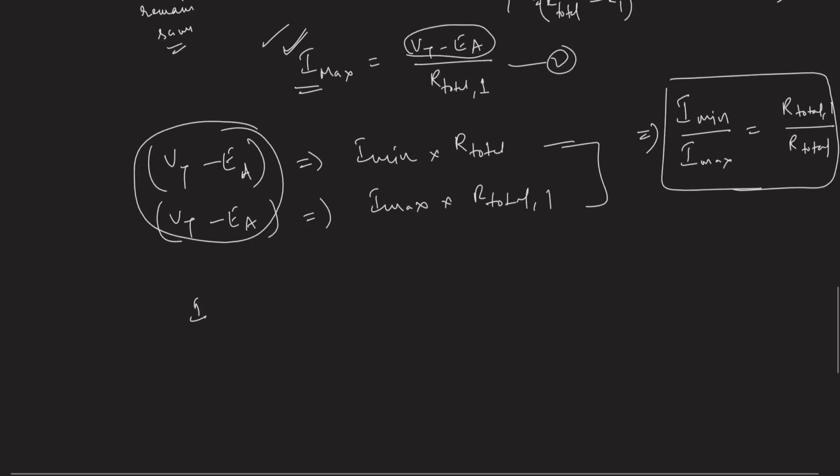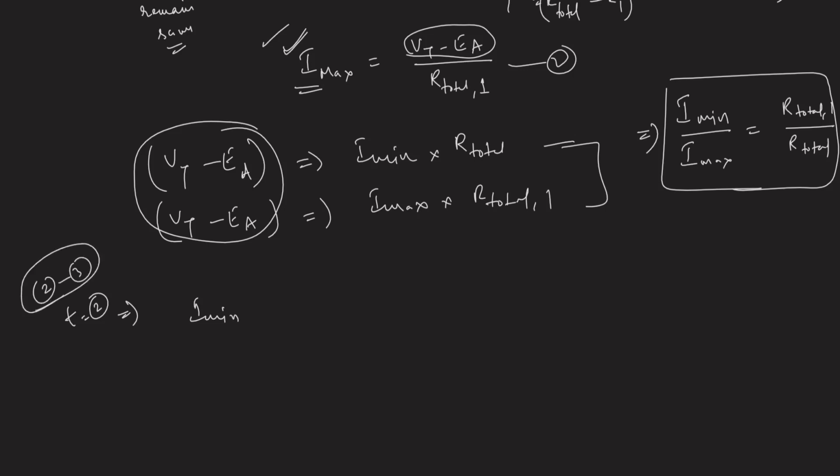I get I minimum, this is at the time instant 2, before moving from stud 2 to 3, right? So I minimum is equals to Vt minus some new induced EMF, I don't know, this induced EMF may not be equal to the previous induced EMF, divided by R total comma 1, right?